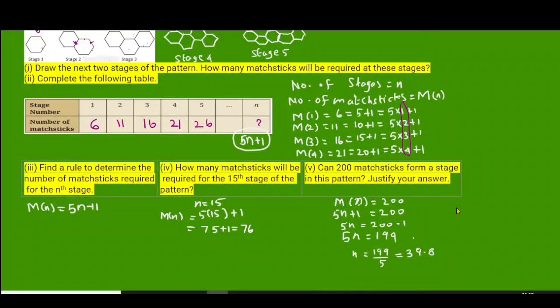We are not getting a whole number. We should get an exact number like 39 or 40. Since n is not a whole number, with 200 matchsticks we cannot form the required pattern. Okay.